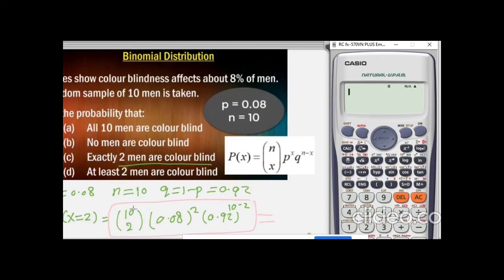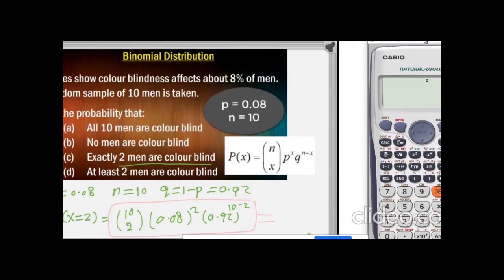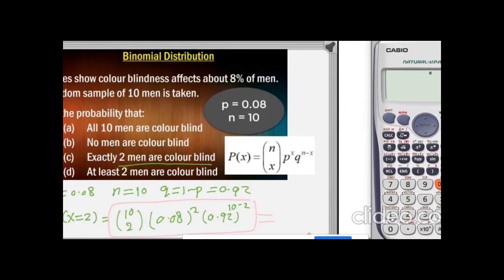Again, to compute this one, 10 combination 2, then multiplied by the first bracket. I have here 0.08, all to the power 2.